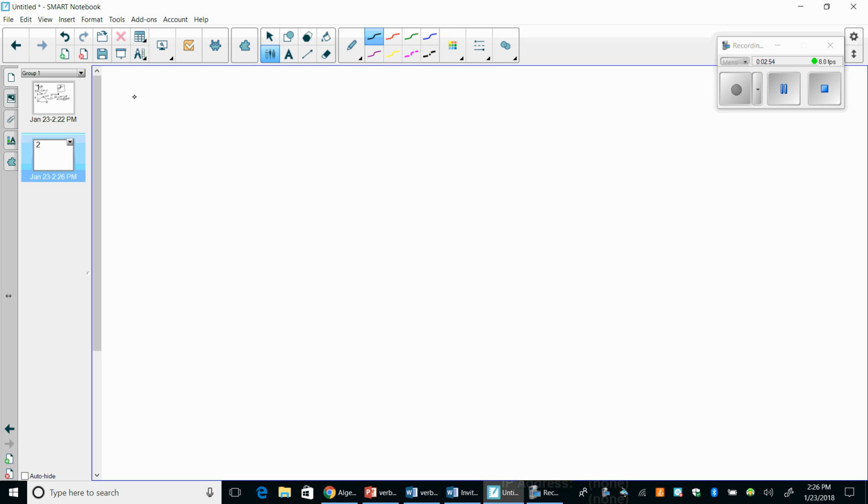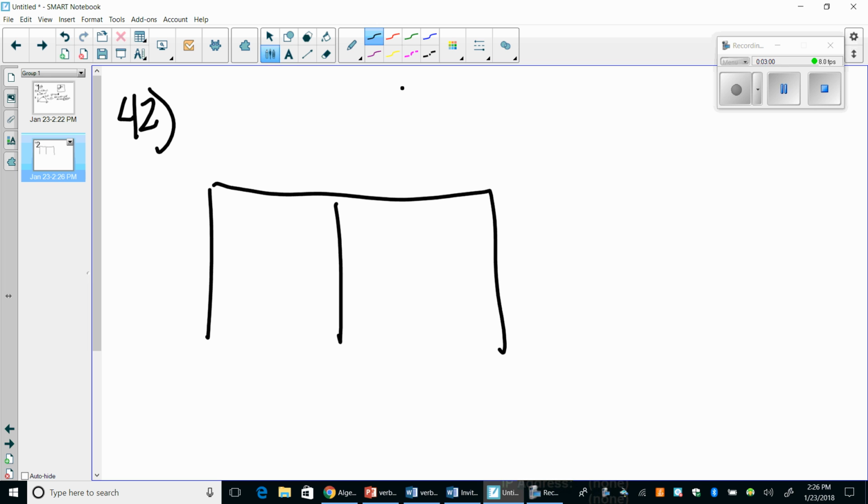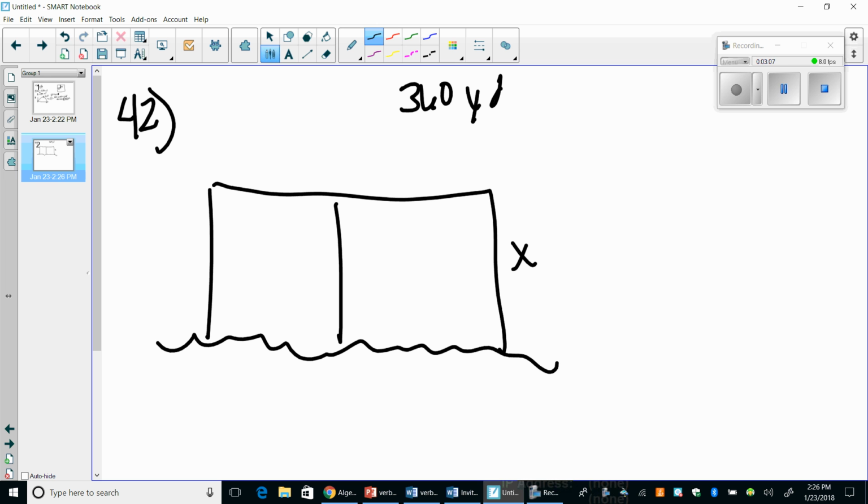42, we've got a corral, and here's what's going on here. We have 360 yards of fencing. They tell us that this side over here is x. There's water over here, so we're not going to fence over here. They want me to find the area of the whole corral. It's split up, but they want me to find the total area. If this side is x, then so will this side and this side, just because it'd be the same length.